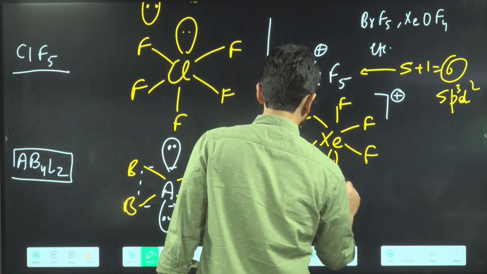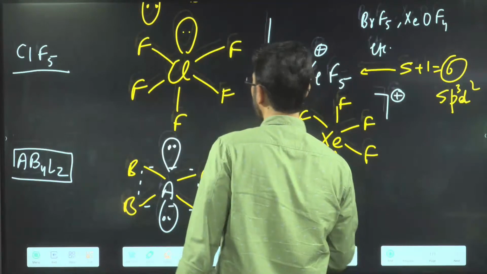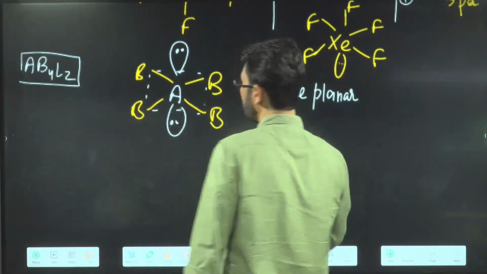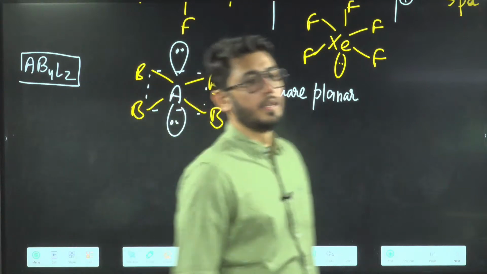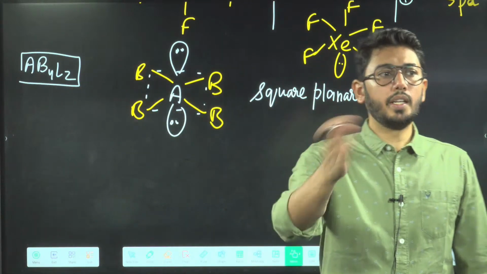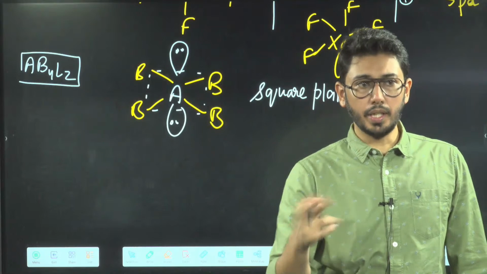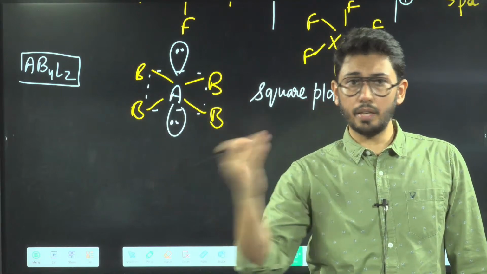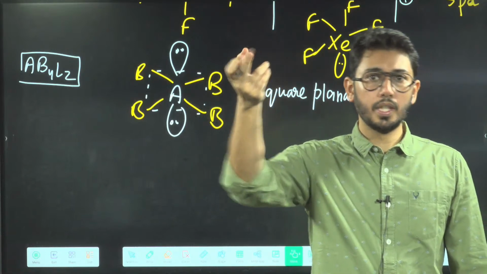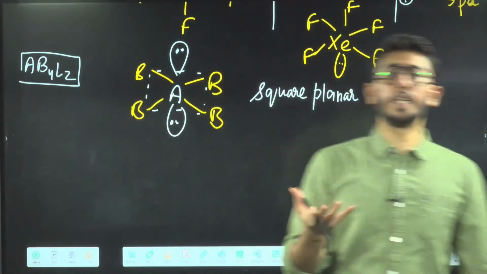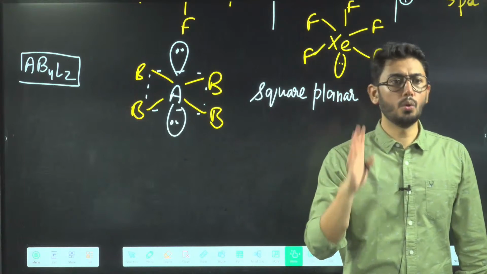As per VSEPR model, it is square planar, which is AB4L2 type structure. Remember, it is not like the dsp2 example. Wherever d orbitals are coming, that is different because of coordination compounds. It is square planar because of 2 lone pairs and 4 bond pairs.